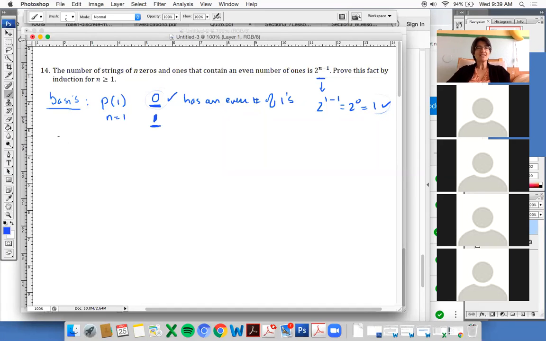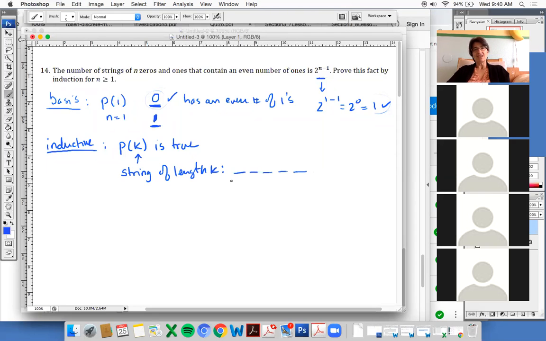All right, so now we're going to go to the inductive step. The inductive step says that we're going to assume P(k) is true. Let's see what P(k) means. k gives you how many bits are in my string. So I have a string of length k: 1, 2, 3, 4, 5, so on.